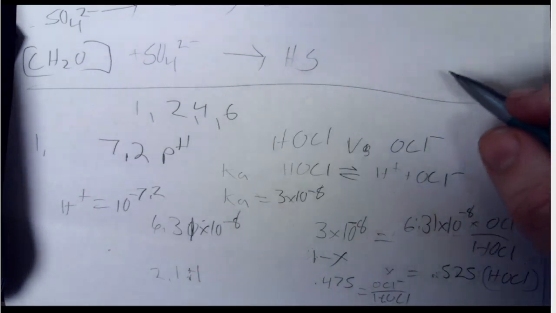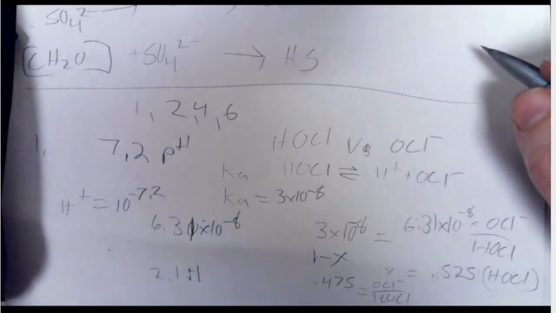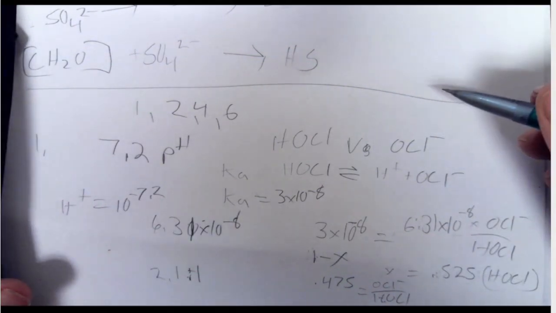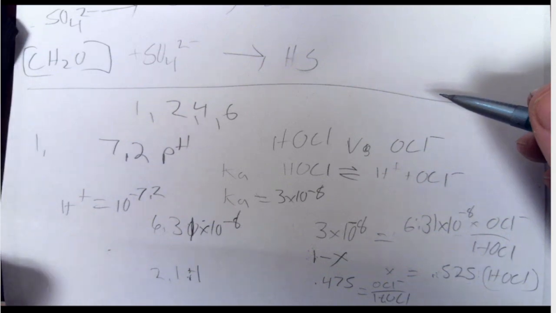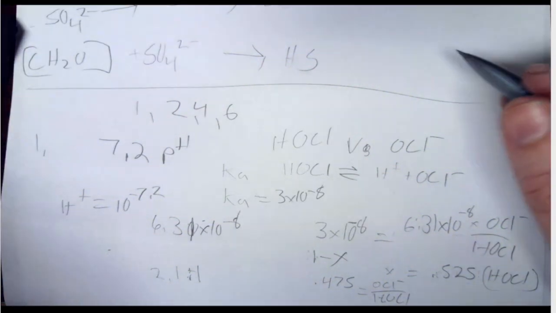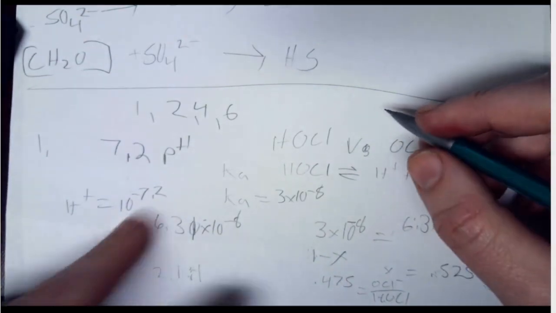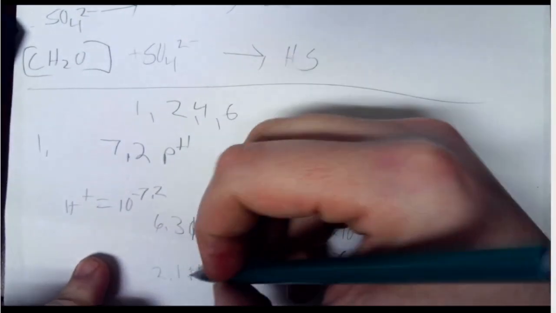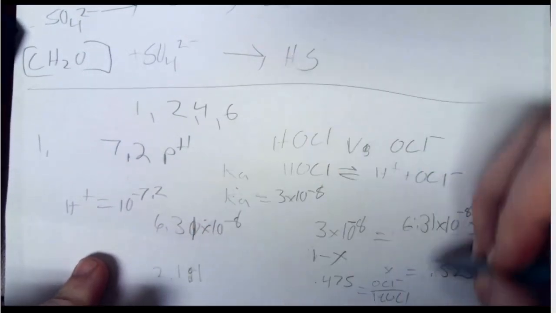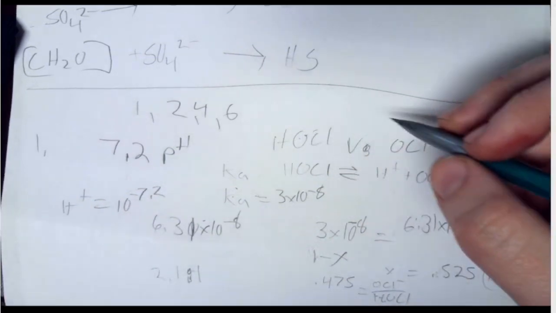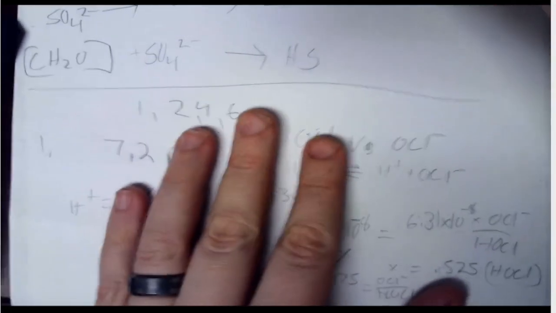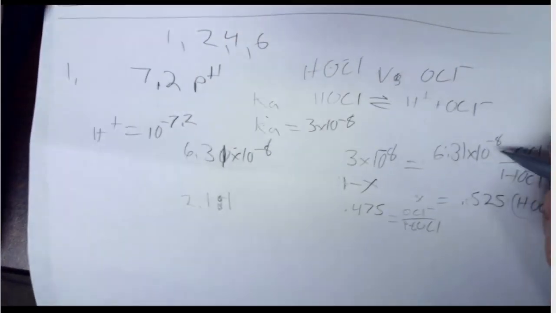So how would you make more hypochlorous acid, which is the key for disinfectant? You would lower the pH, possibly by adding HCl. We just want to drop the pH to less than 7, which is sufficient to get the ratio of HOCl up.